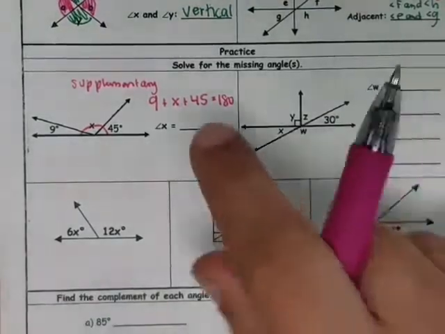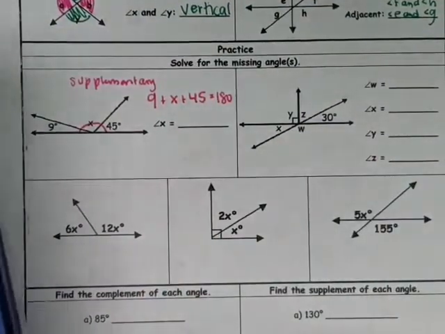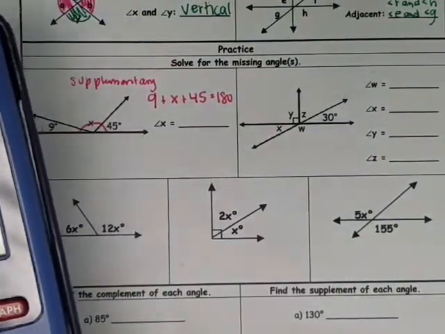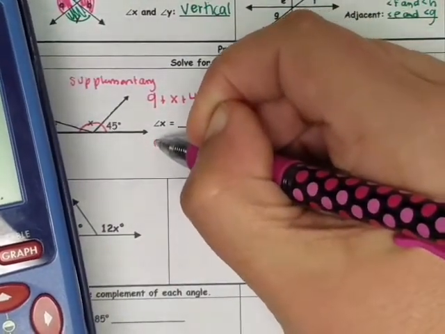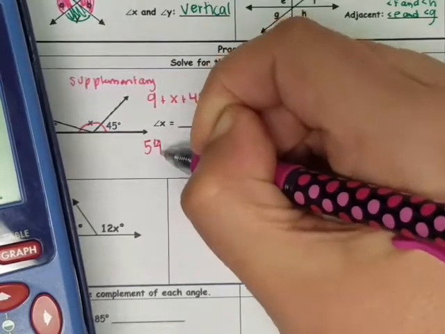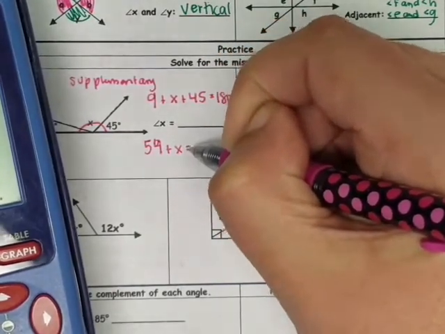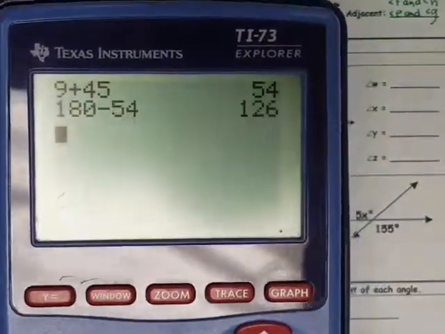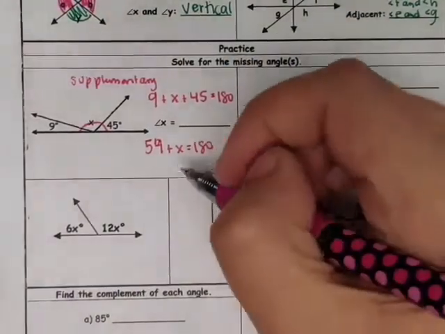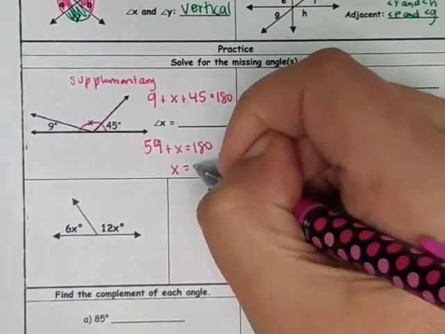And then we can combine 9 and 45. So 9 plus 45 gives me 54. 54 plus x is equal to 180, and then 180 minus 54 gives me a total of 126. So x has to be 126 degrees.